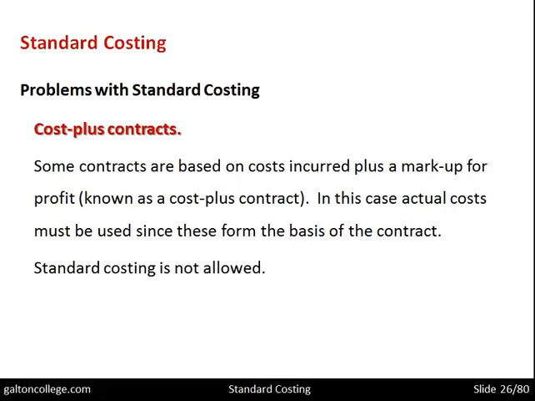For example, companies who tender to the government for contracts may use cost plus procedures, particularly if the government is desperate to get some work done. Well, this means that the company has an incentive to inflate its costs because its profits will be based on its costs.